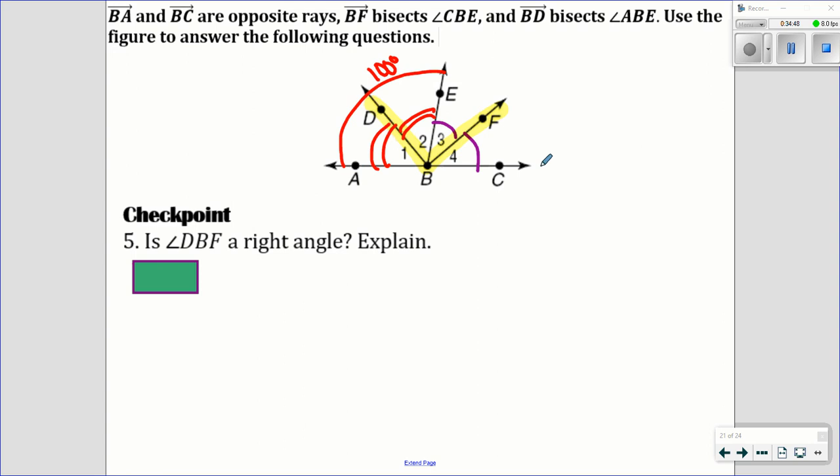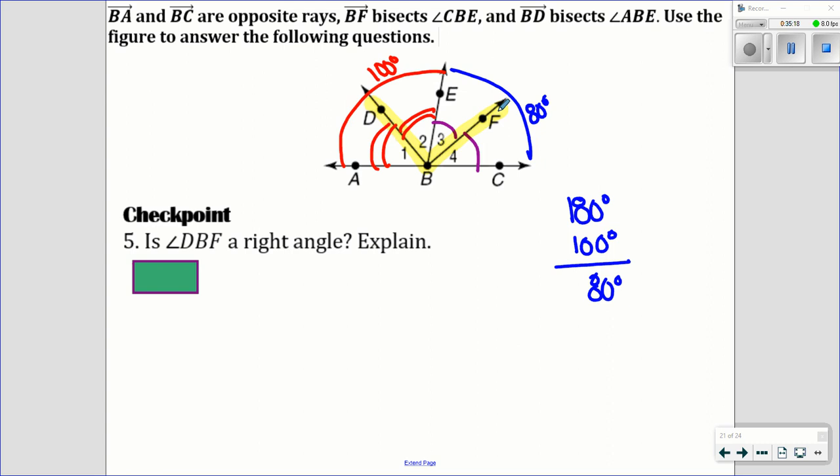Remember, we got a line here, and we got angles that are together. When you add all of these angles, it creates 180 degrees. So if this is 100, and this line is 180, we're going to subtract to find the other angle. So that's 80 degrees.